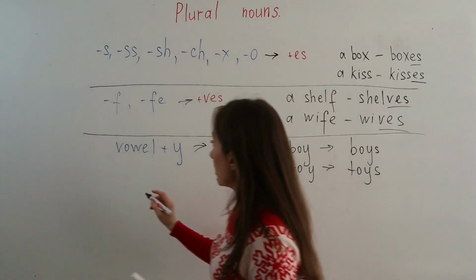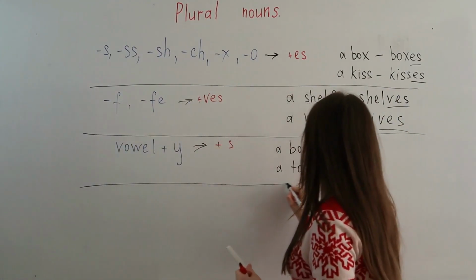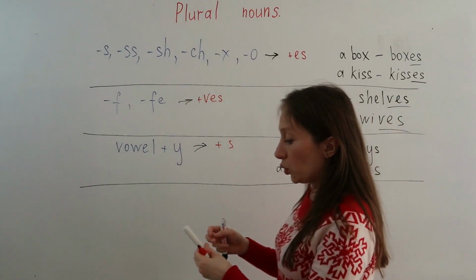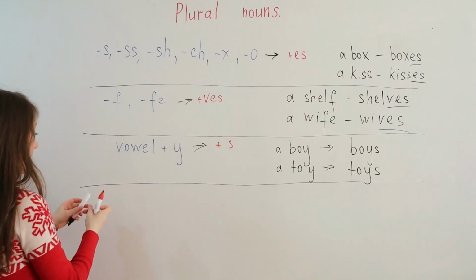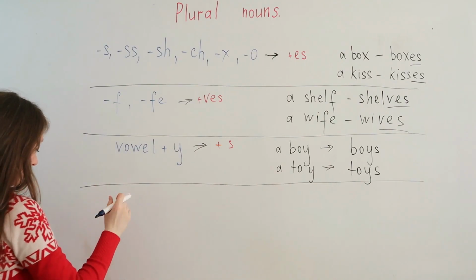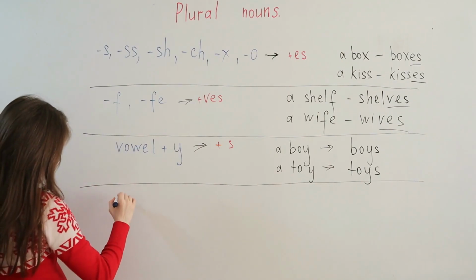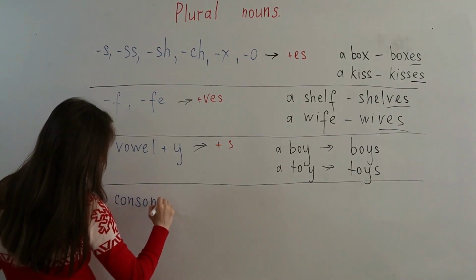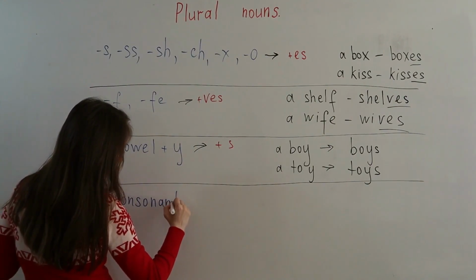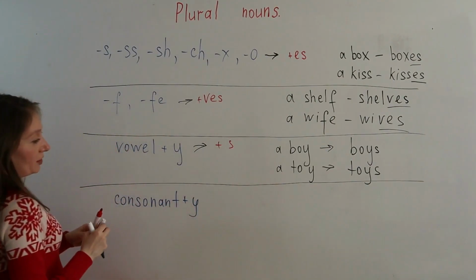Next one, the next rule will be the following. We have here a consonant and the letter y. Consonant plus the letter y.